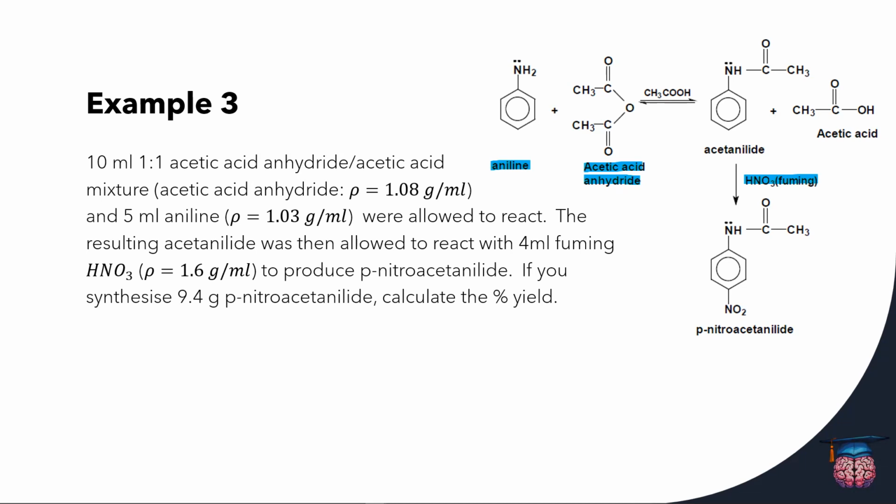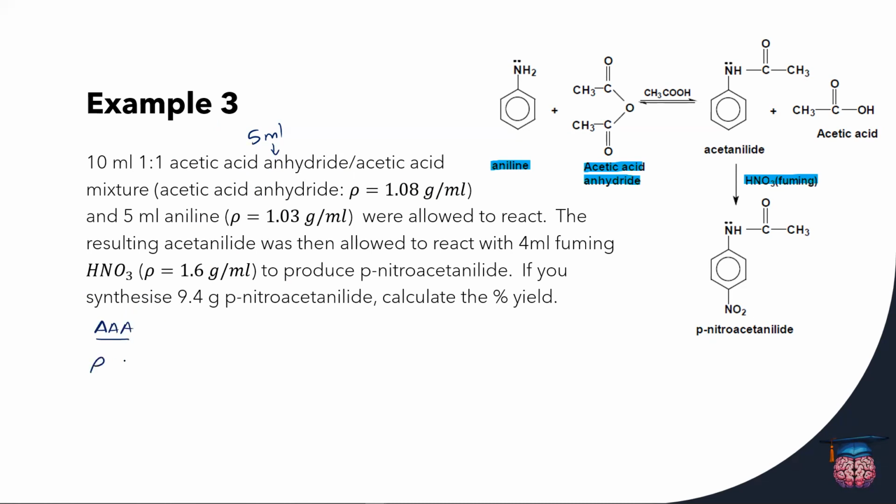So if it's a 50-50 mixture, we have 5 milliliters of acetic acid anhydride and 5 milliliters of acetic acid. So let's just note that here we have 5 milliliters of this. Because we are working with aqueous solutions, we need to use the density to calculate a mass, and then we calculate the mole from that. So let's start with the acetic acid anhydride. I'm just going to call this AAA.